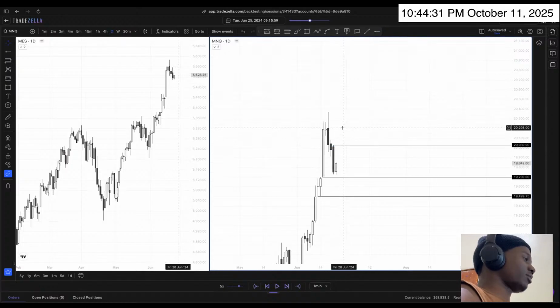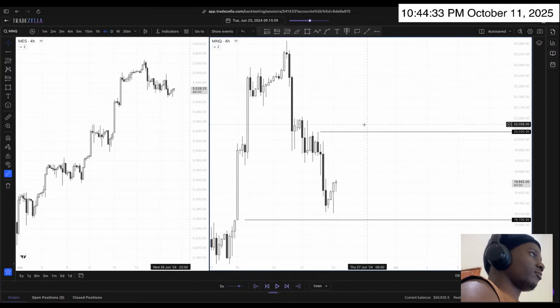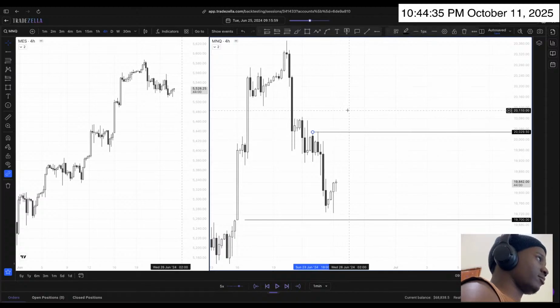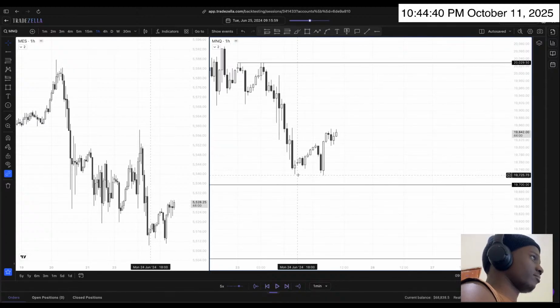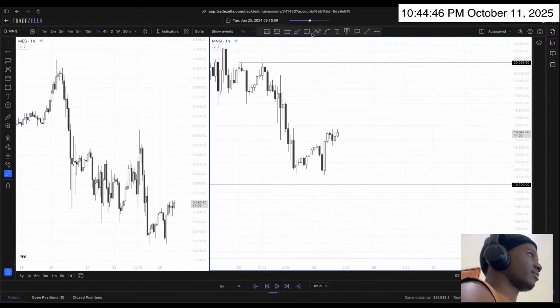This now will be target daily high. 4 hour, relatively high. 1 hour. Well, no SMT here. Did you run this slow? Pathetic.